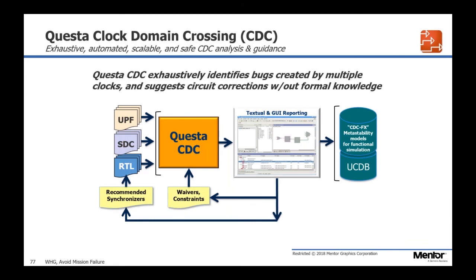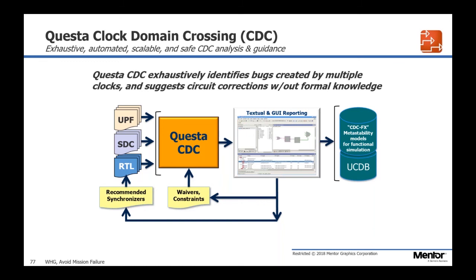Our Questa CDC product does three things. First of all, it identifies all paths that cross from one clock domain to another. Second, it checks whether or not there are synchronizers in place and whether those are the appropriate type of synchronizers.